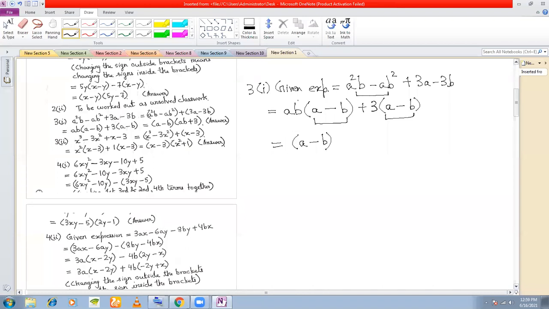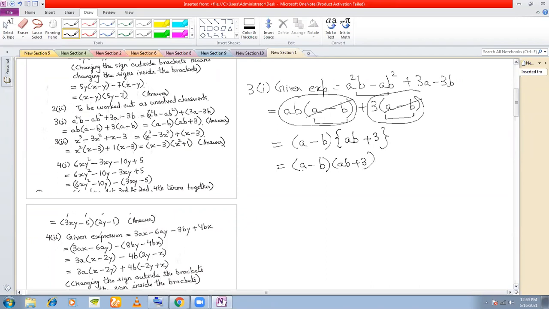From this entire one, if you are taking out a minus b, what are you left with? You're only left with ab. And from this entire term, you're taking out a minus b. What are you left with? Plus 3. So this answer is (a minus b) into (ab plus 3). So this has been factorized. Okay.